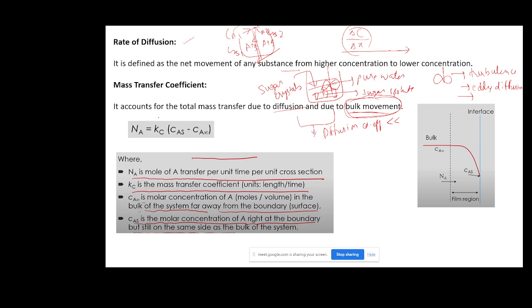So we here take one overall or total mass transfer coefficient, which takes into account both diffusion and the mass transfer due to the bulk movement supplied by external force, which is represented by Kc, and the concentration gradient.